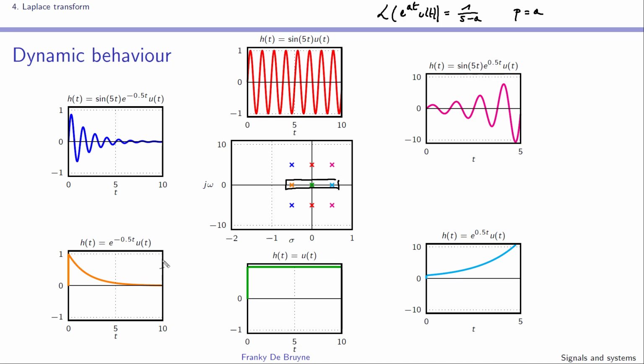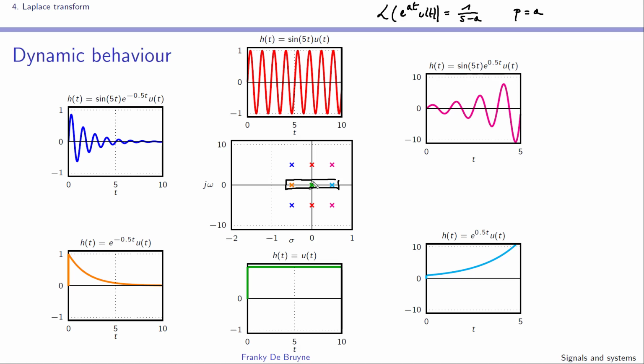And as anticipated, for this case the pole is to the left of the j omega axis, this is a system that is stable, and therefore its impulse response will decay to 0. Whereas if you have a pole to the right of the j omega axis, this corresponds to a system that is unstable. Without a surprise, this impulse response will grow to infinity.